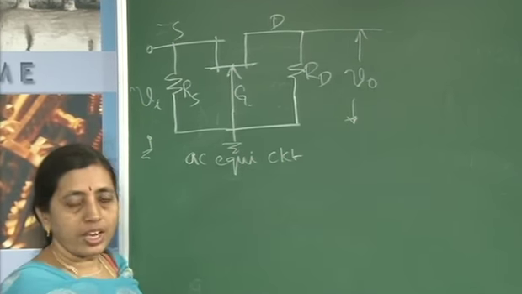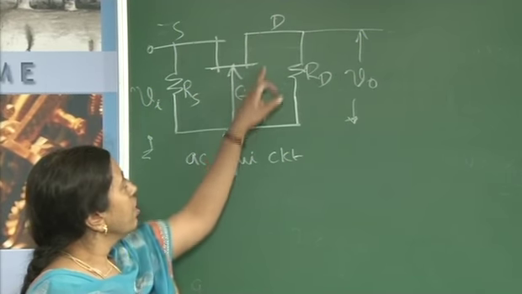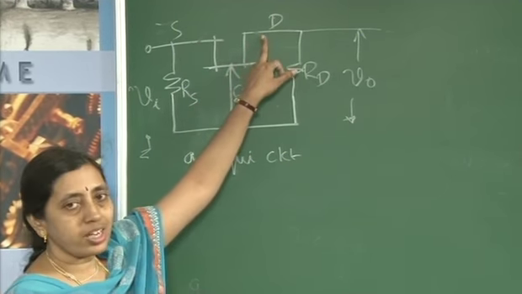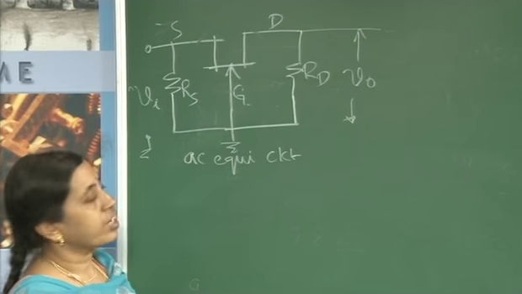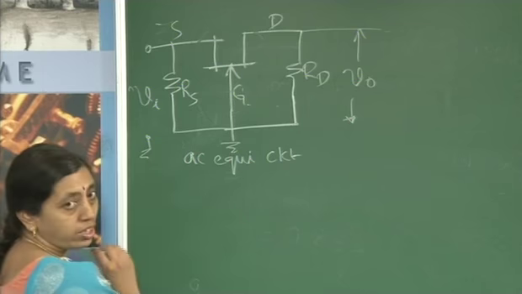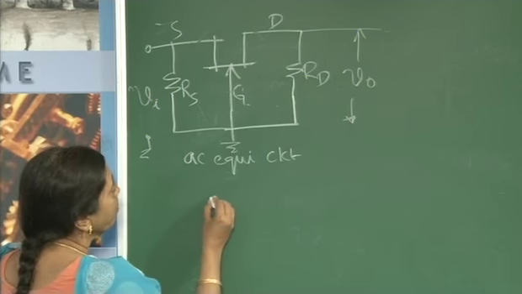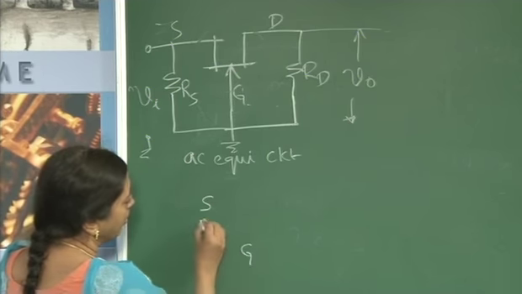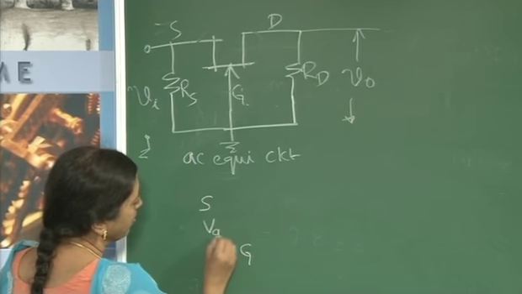The next step in AC analysis is to write the small signal equivalent model for JFET. We all know the small signal model. First, we will write the small signal model here. Between source and gate, there exists VGS.